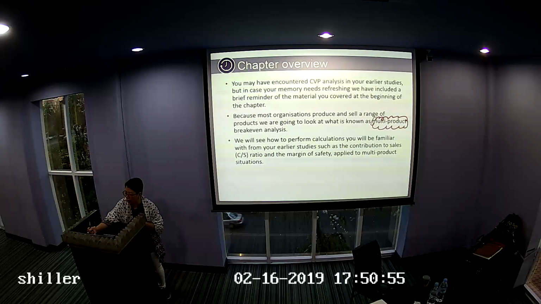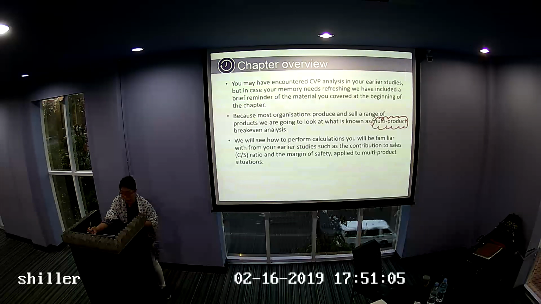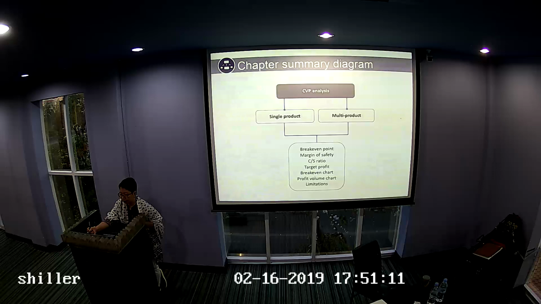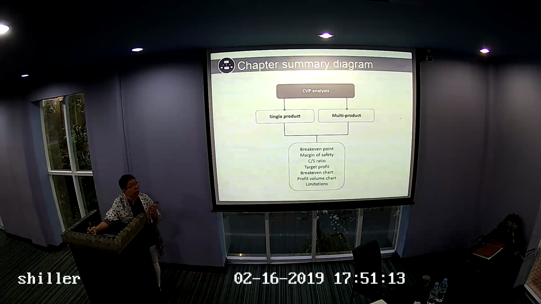Companies need to decide: do they improve this product, or discontinue this product? So you can do cost volume profit analysis when companies have a single product to sell or many different products.